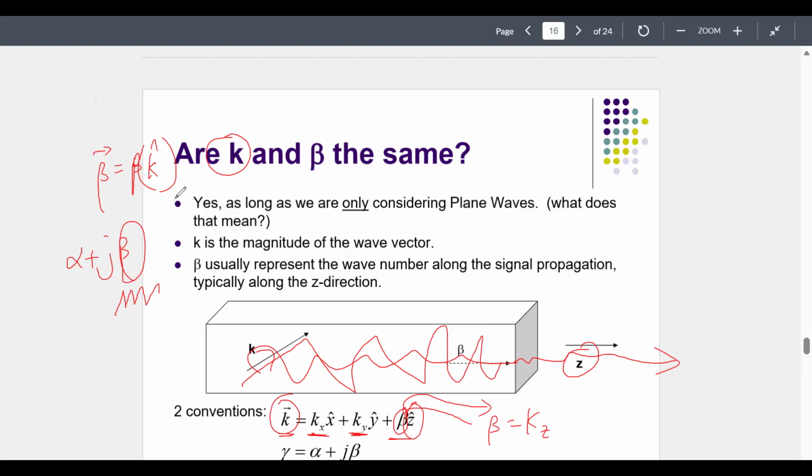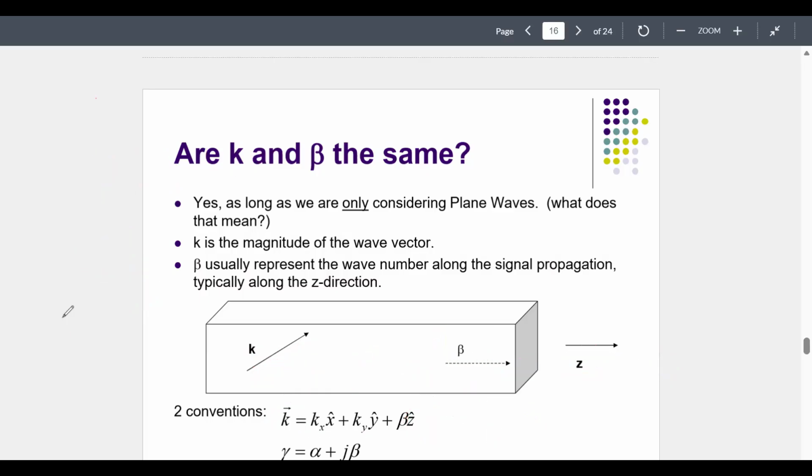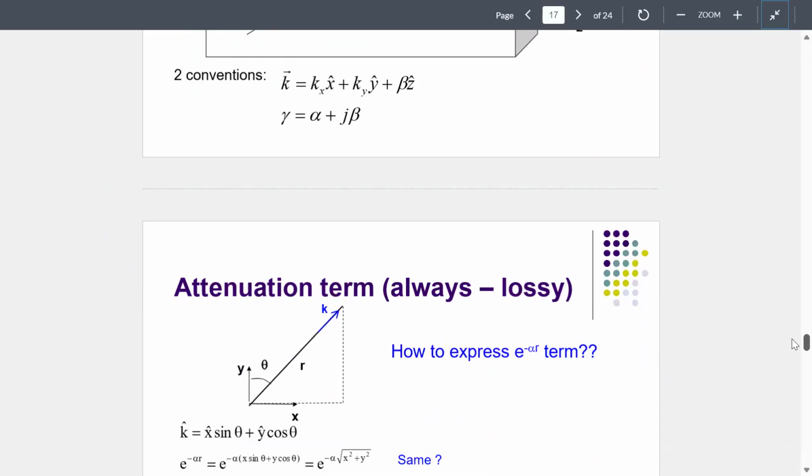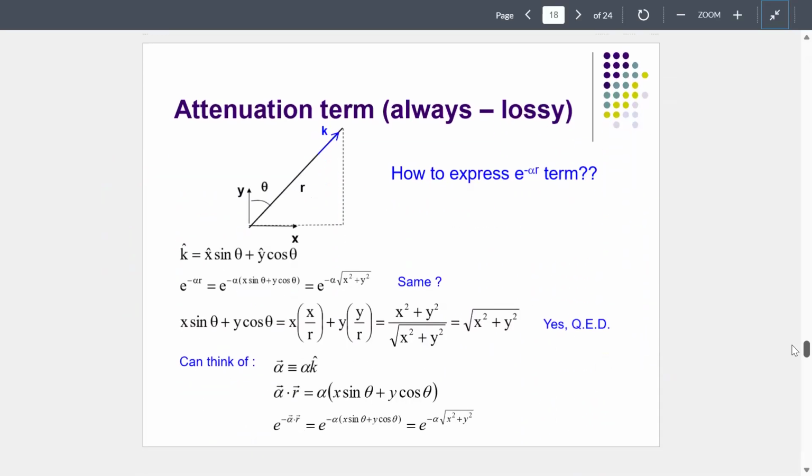I know it's kind of complicated to say it like this. As far as we are concerned, you can always think beta and K are the same, unless it has more than one dimension, then you need to think of beta more like a K. We'll do it in another example. The other question was alpha.